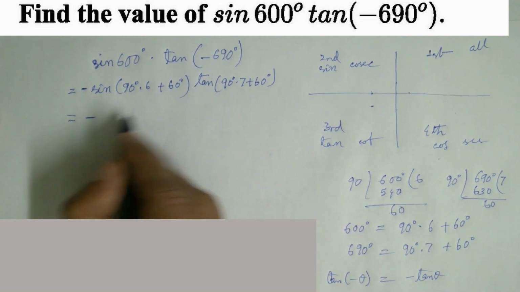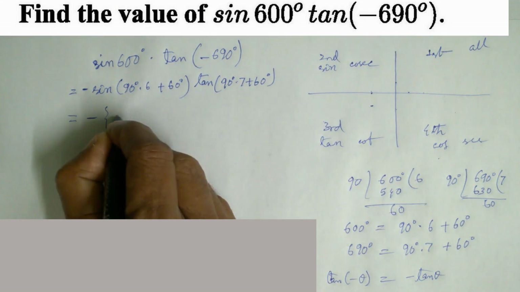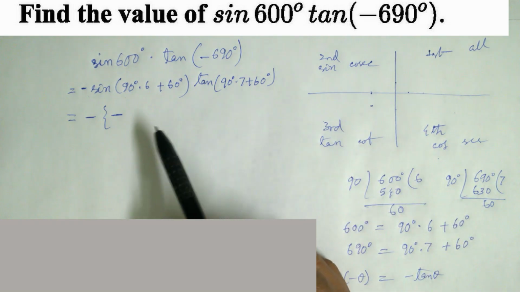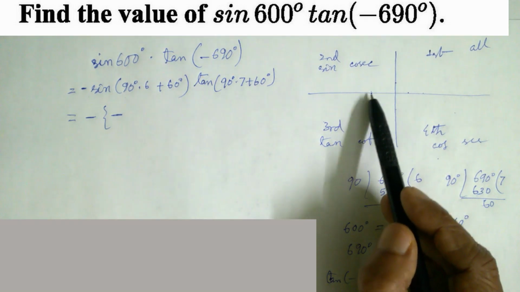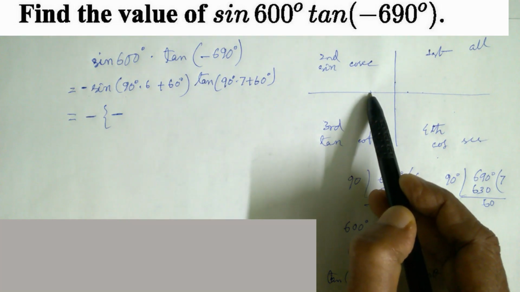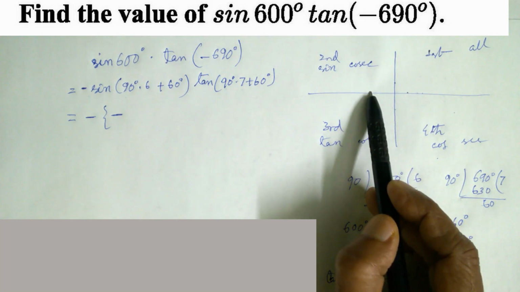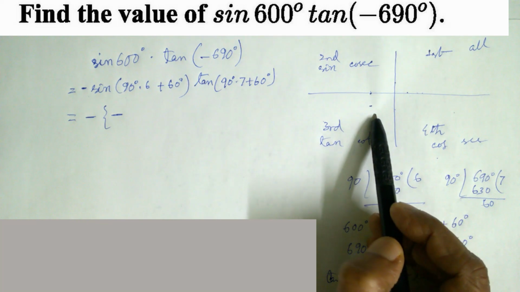So for this, giving bracket for better understanding, minus sine of 90 into 6, ends here, plus 60 degree in the third quadrant.